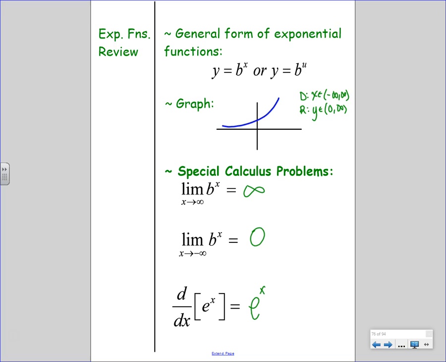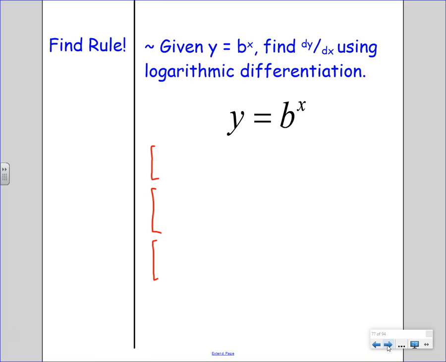So if we know all of that stuff, and we know the derivative of ln is 1 over x, let's go ahead and look at this page. What if we wanted to find the derivative? We already know e to the x, so what about b to the x? Well, can we change the base of an exponential function from b to e? The answer is no. We can change the base of logarithms, but we can't change the base of exponentials.